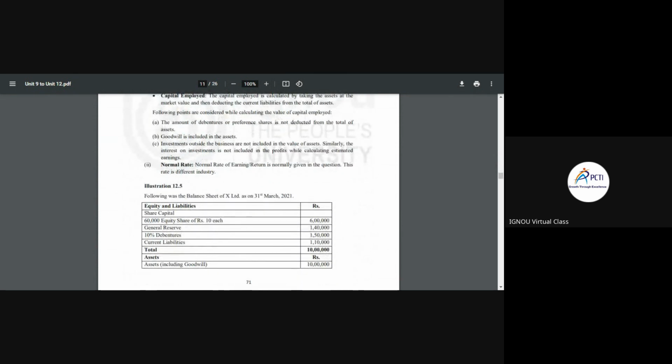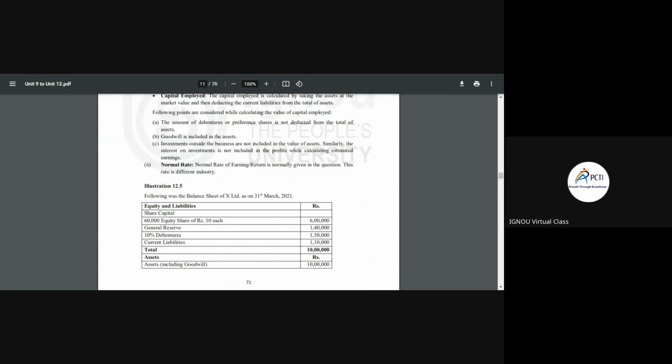First one is the amount of debentures or preference shares is not deducted from the total of assets. Second one is goodwill is included in the assets. Third one is investments outside the business are not included in the value of assets. Similarly, interest on investment is not included in the profit while calculating estimated earning.